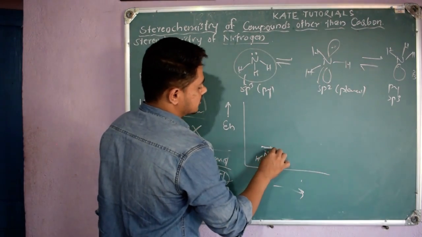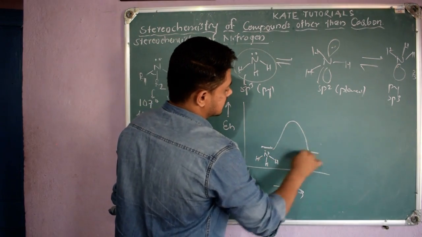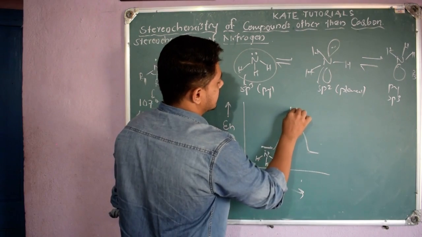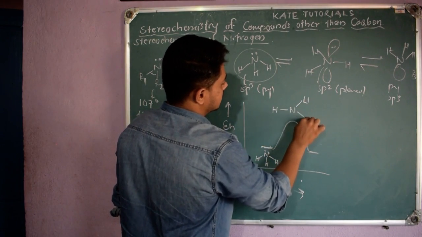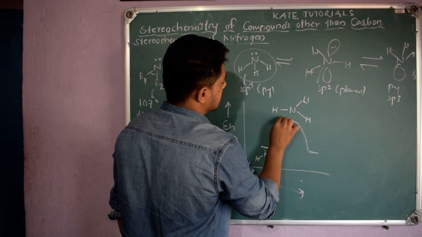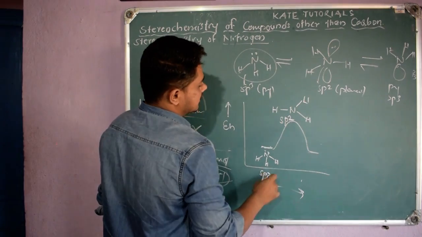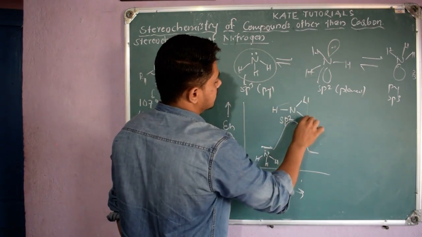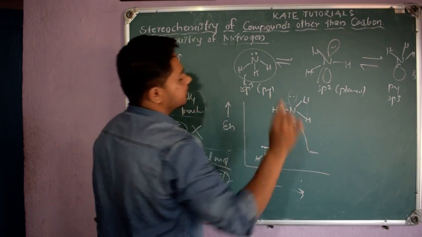Afterwards, at room temperature it will convert like this. This is our transition state, in which all these hydrogens are in the same plane, and the hybridization of nitrogen is sp2, whereas here the hybridization is sp3, right? All are in the same plane, and the lone pair is present in a pure p orbital.